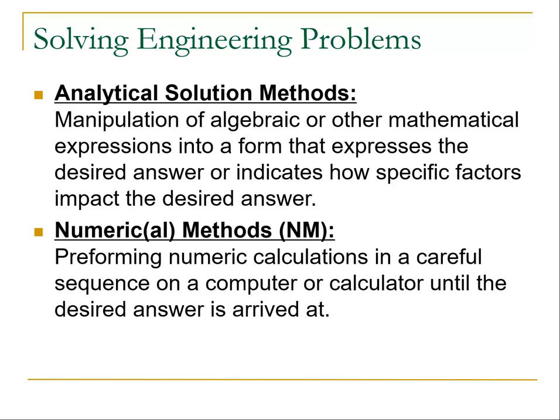relationships. For example, a table of information, which is a lot of numbers. Take just one little piece of information. The temperature in this room is 20 degrees Celsius.